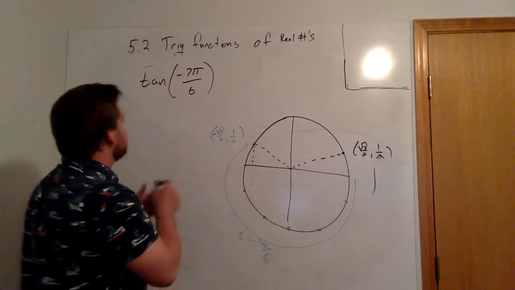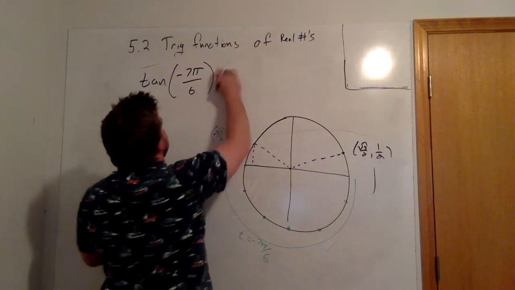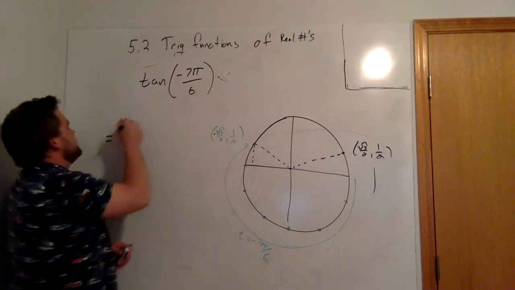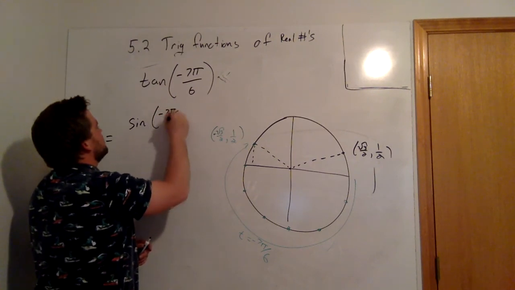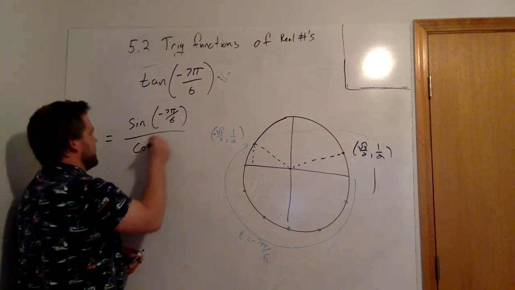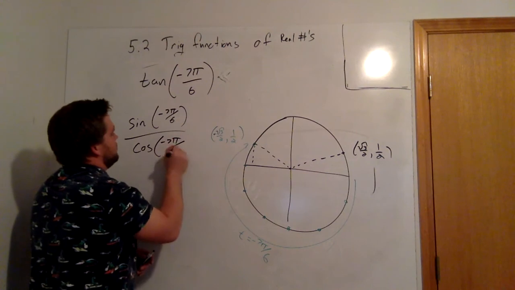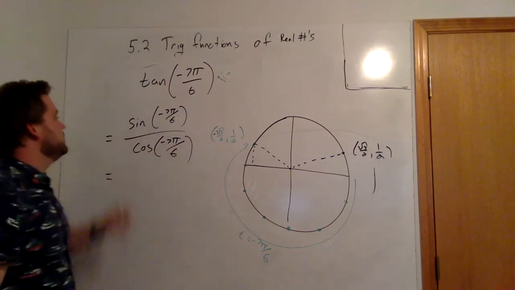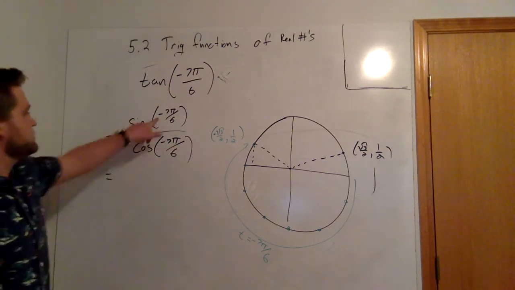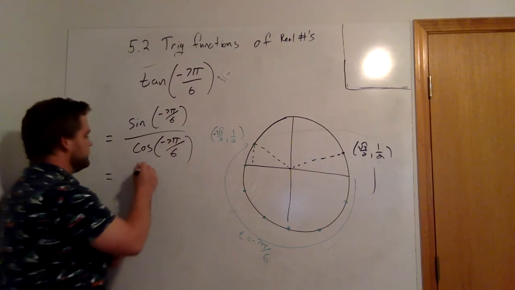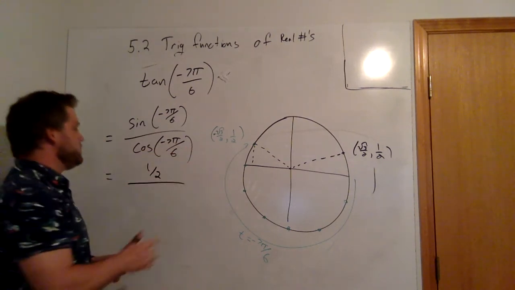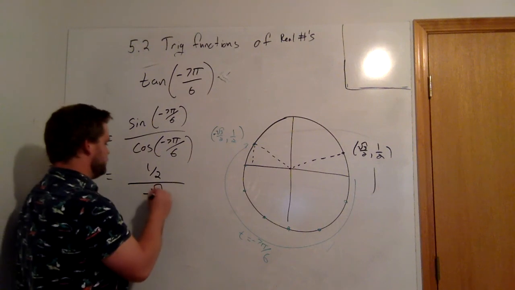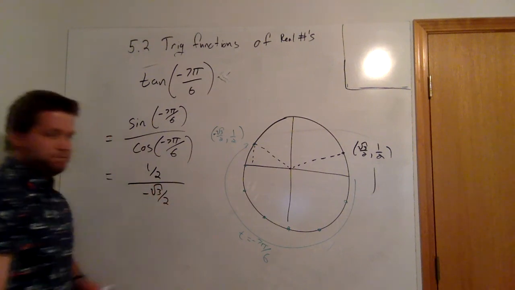Okay, to figure this out, remember that tangent is the same thing as sine of negative 7 pi over 6 all over the cosine of negative 7 pi over 6. Okay, so sine of negative 7 pi over 6, that's the y-coordinate, that's 1/2. The x-coordinate is negative root 3 over 2. So that's 1/2 divided by negative root 3 over 2.